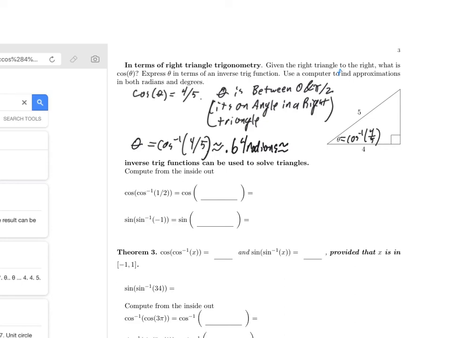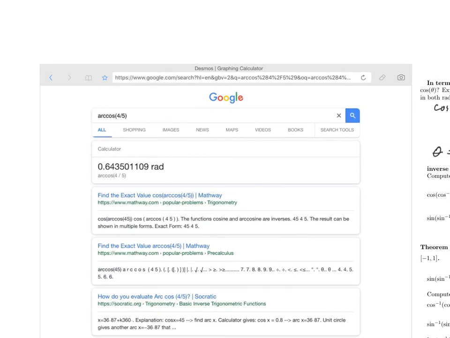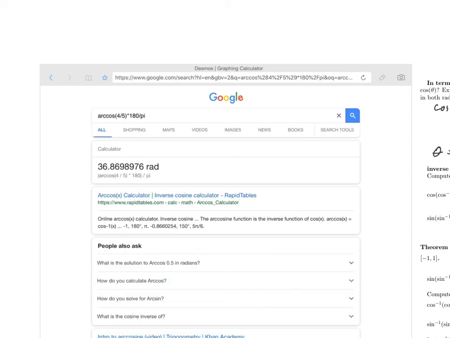But let's also determine what that is, approximately, in degrees. So that's actually easy to do, right? How do you convert from radians to degrees? You multiply by 180 and divide by pi. So there it is. Well, okay, I didn't tell Google that I was converting to degrees, so it still says radians, but that is what to do.